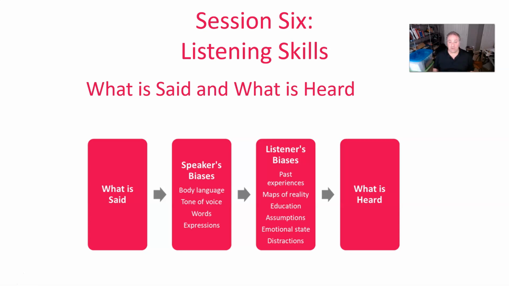So body language, tone of voice, words, their choice of words, their expressions. And then you throw in the listener's bias, past experiences, their sort of internal maps of reality, their education, the assumptions that they've made, their emotional state, whatever distractions are going on. And then out of all this comes what is actually heard. So this is how what is said and what is heard can be very, very different things.